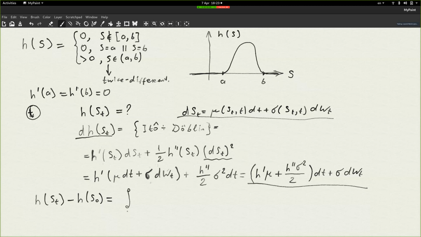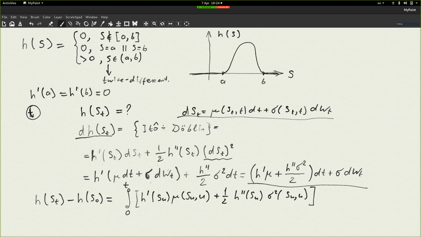First of all, integral from 0 to t, let's write it a little more carefully, of H prime of S_u, mu of S_u, plus 1/2 H double prime of S_u, sigma squared of S_u and u, du, plus the integral from 0 to t, again sigma of S_u and u, dW_u.